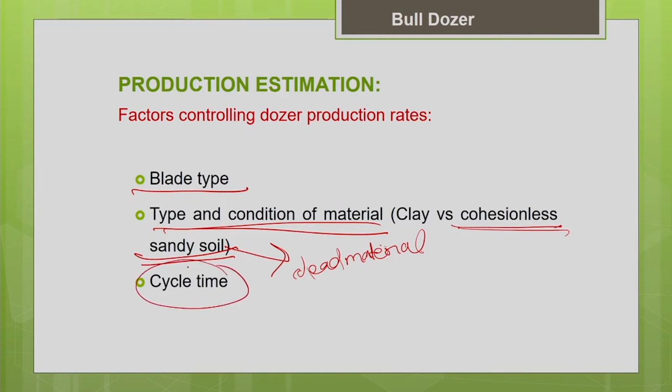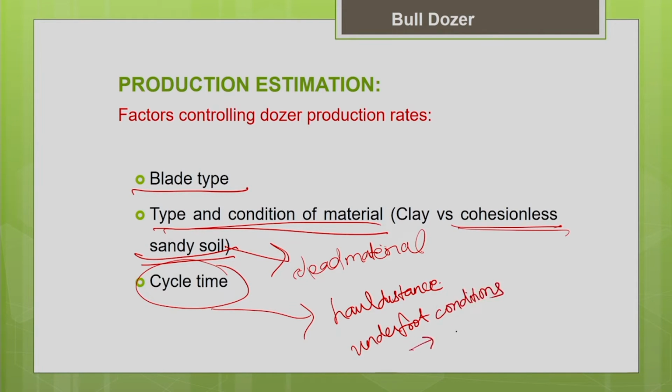Then the cycle time. It depends upon how much distance you are going to travel, the haul distance, and which route you are adopting. The condition of that haul route, the project underfoot conditions, is going to affect your cycle time.